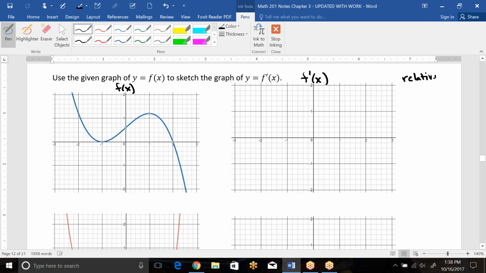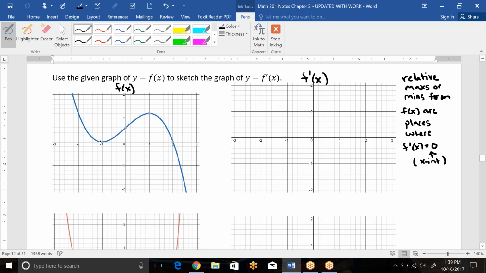Relative maxes or mins from f of x are places where f prime of x was equal to 0. In other words, an x-intercept over here.